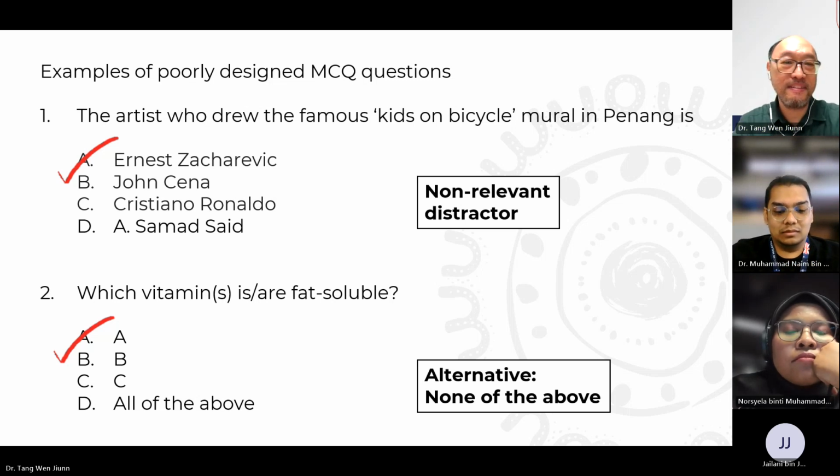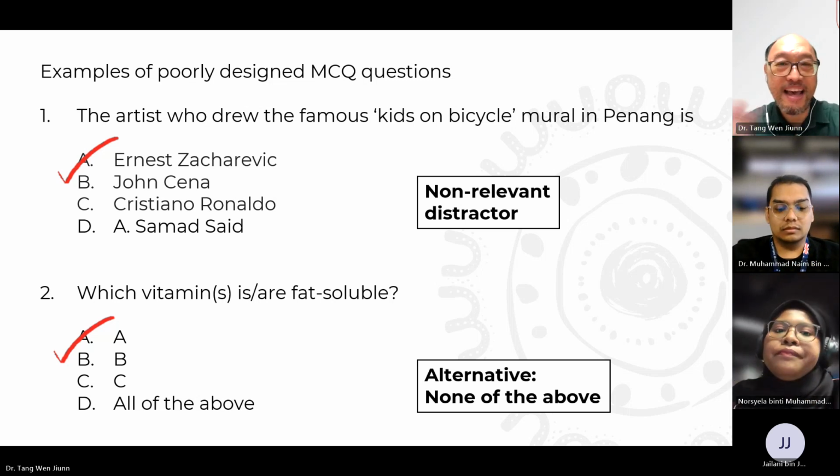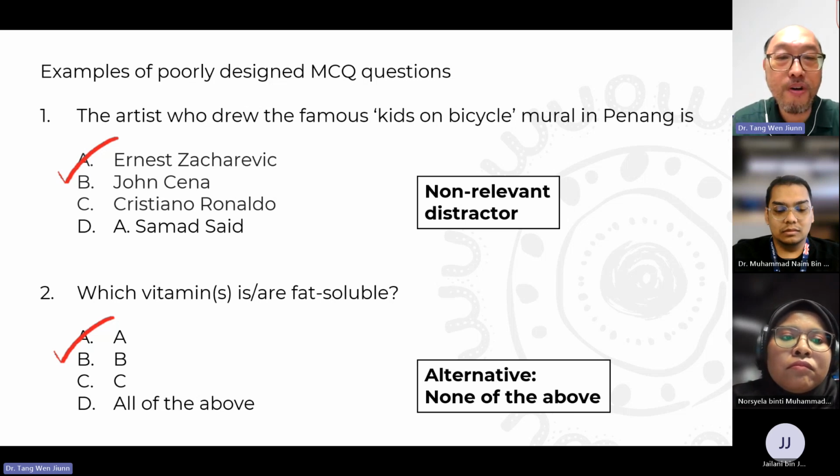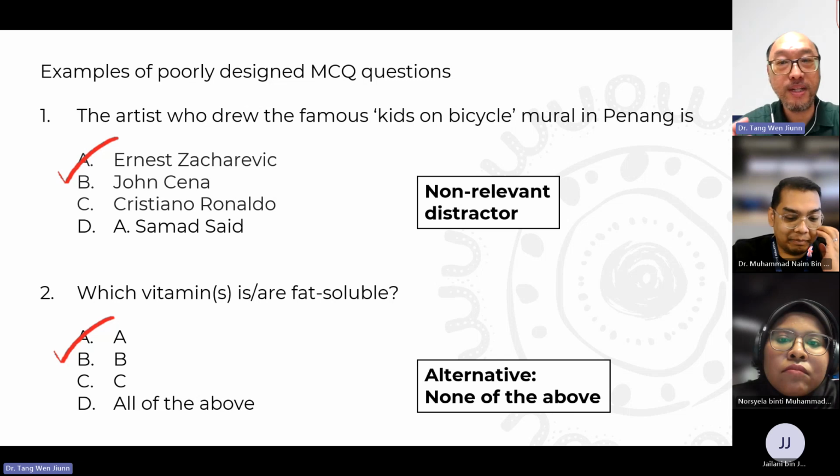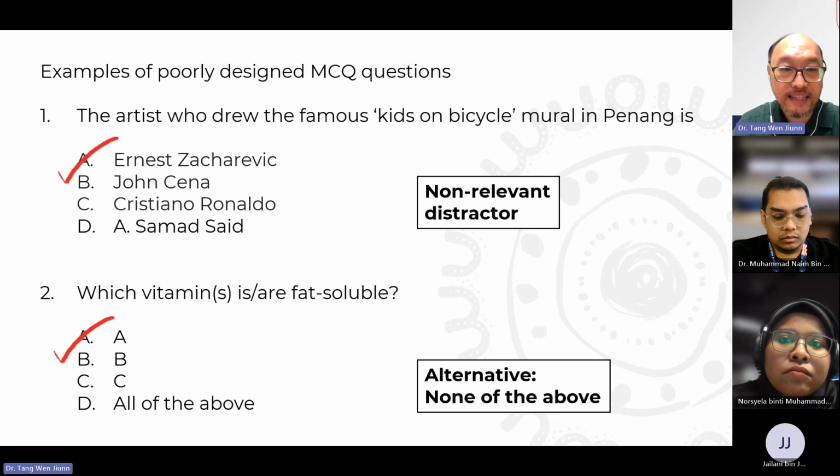So the only available answer here is A. This situation is called a non-relevant distractor. People can guess the answer easily because the distractors are not even close to the actual answer. These kinds of questions normally fail to assess the students' understanding.